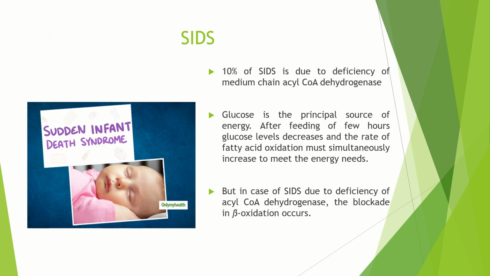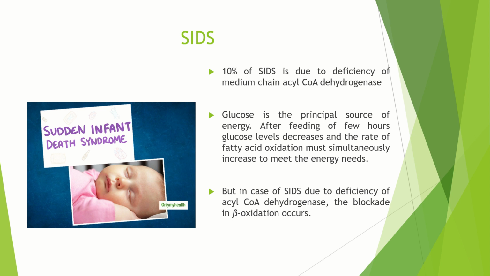If this acyl CoA dehydrogenase enzyme is deficient, what is going to happen? We know that in infants glucose is the principal source of energy. After eating or feeding, after a few hours, glucose levels decrease, or glucose utilization decreases.